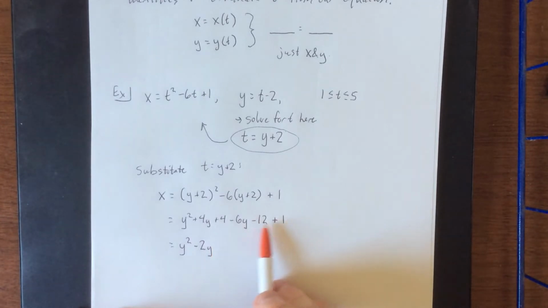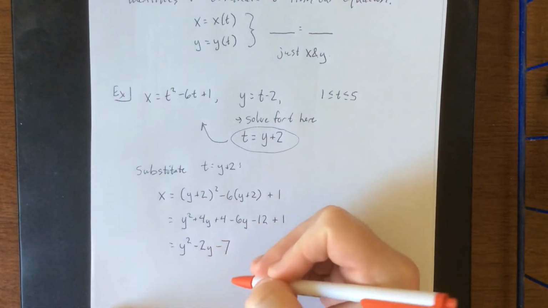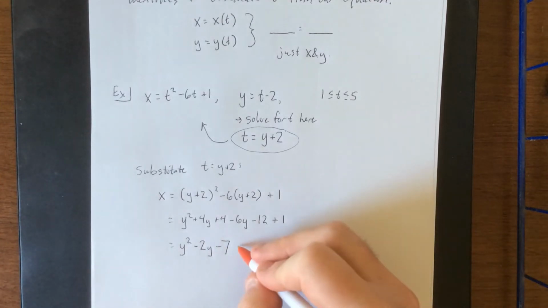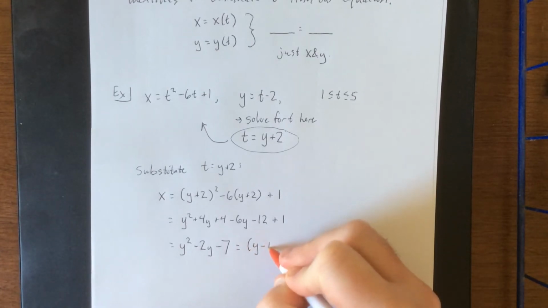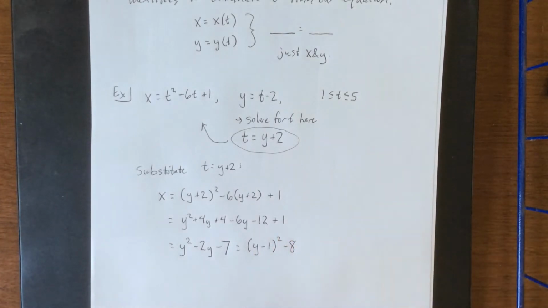And then combining all the constants together, I'm seeing a negative 7. Now, in the event that you were interested in completing the square on this, we could also show that this would become y minus 1 quantity squared minus 8. Again, relying on your ability to complete the square there.